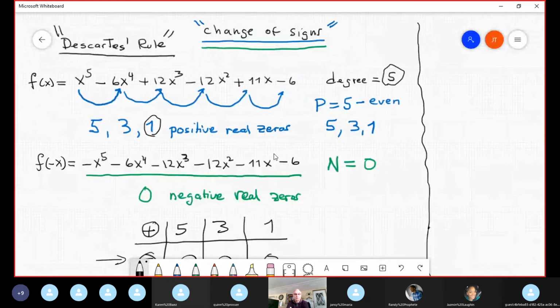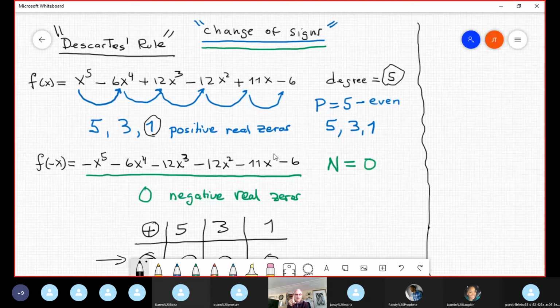Okay, in blue color, you can see this arc indicates when you have a change of sign, no? The sign here is positive. The sign here is negative. You see, oh, one change of sign. So you count 5 changes of sign. This P represents the changes of sign in our polynomial.